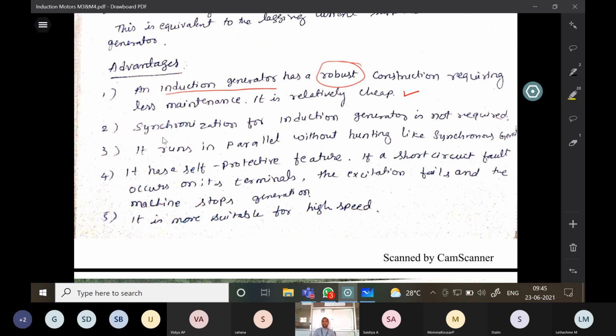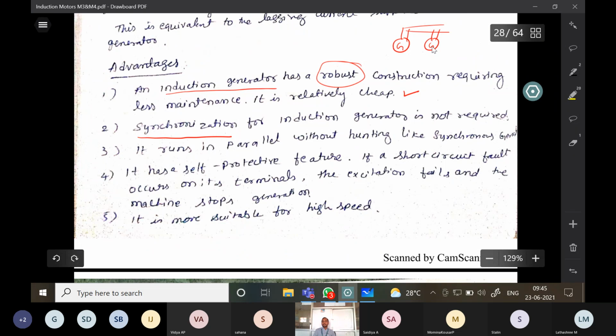Okay, we have studied what synchronization is. Synchronization means parallel operation of a group of generators. When you connect a number of generators in parallel, we need synchronization. So synchronizing for parallel operation is required. So we need to follow all the necessary conditions for synchronization.